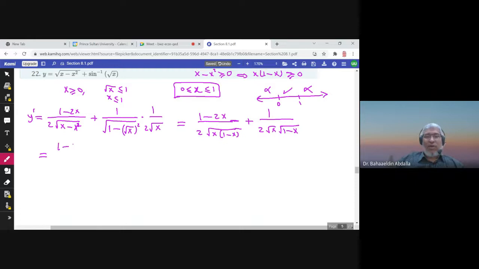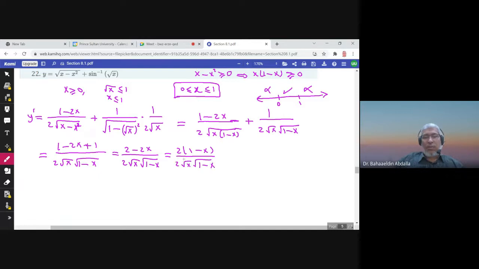So I have 1 minus 2x plus 1 over 2 square root of x times square root of 1 minus x. 1 plus 1 is 2, and I can take 2 as a common factor. 2 cancels with 2, and I have here 1 minus x to the power 1, and this is 1 minus x to the power half.